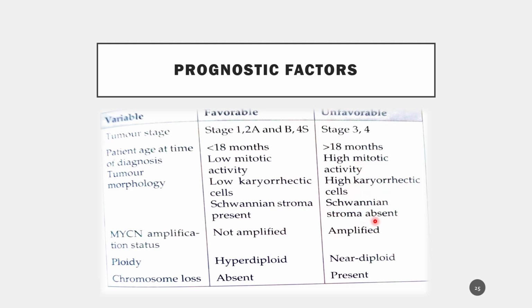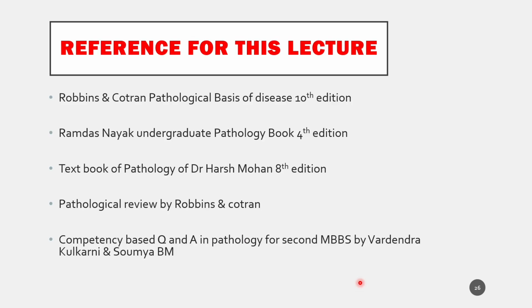Schwannian stroma, if absent, then it has poor prognosis because the Schwannian stroma, Schwann cells indicate the maturation. So if the Schwannian stroma is present, then prognosis is very good. But if it is not present, then prognosis is very poor. MYC gene amplification usually suggests poor prognosis. And chromosomal loss if present, deletion if present, then prognosis is poor.